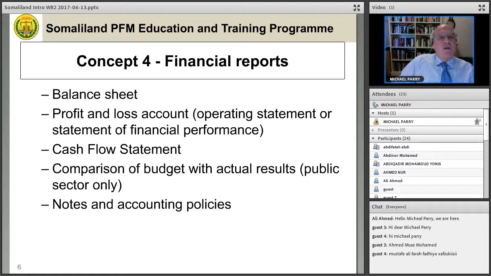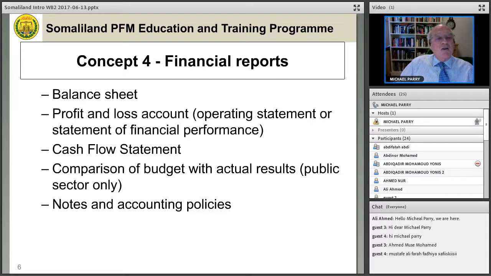And the fourth concept is financial reports. Financial reports have a very structured meaning, and again this is taken from the International Public Sector Accounting Standards. They comprise the balance sheet, the profit and loss account. For a public sector entity, it's called the operating statement or the statement of financial performance because public sector entities don't make a profit, but it's the same thing.